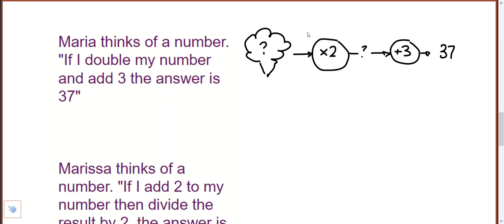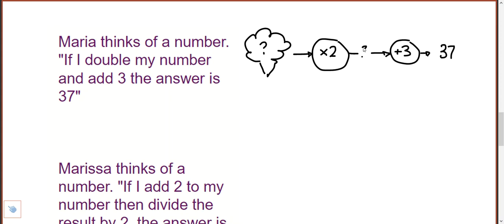So for instance, to get back to the first question mark, I need to know what the second question mark was. And how do we do that? Well, I took 37 away from 3. No, you took 3 away from 37.